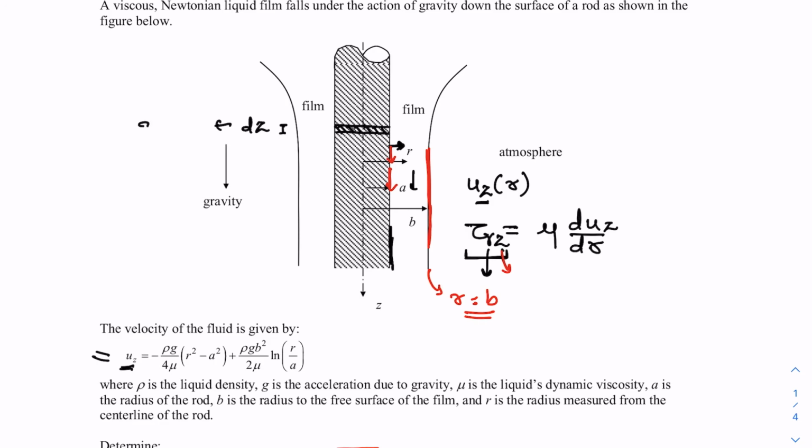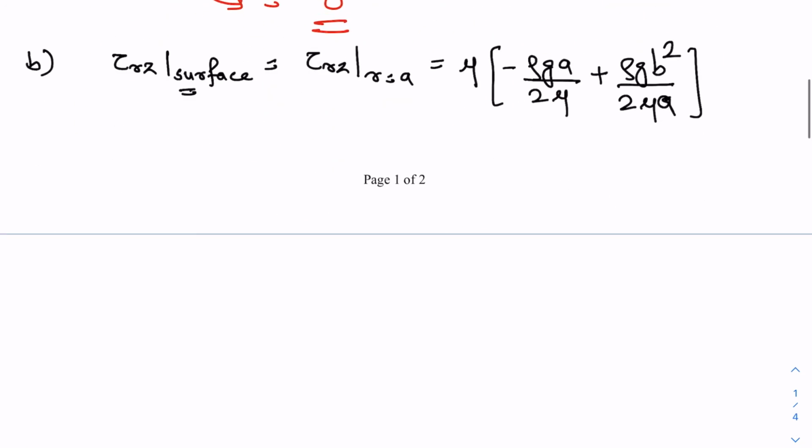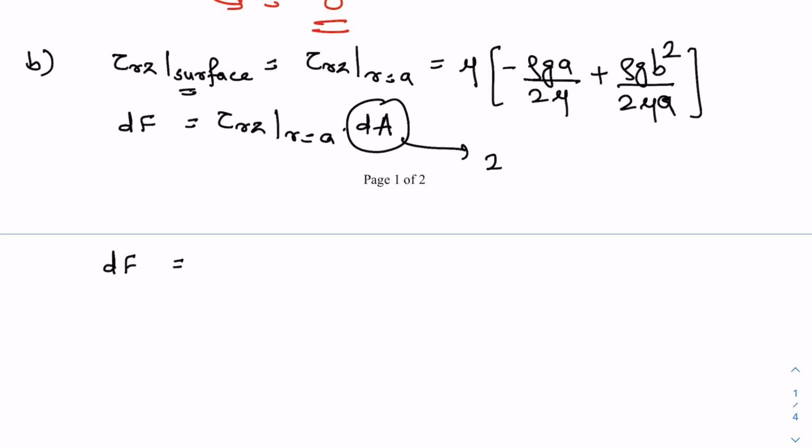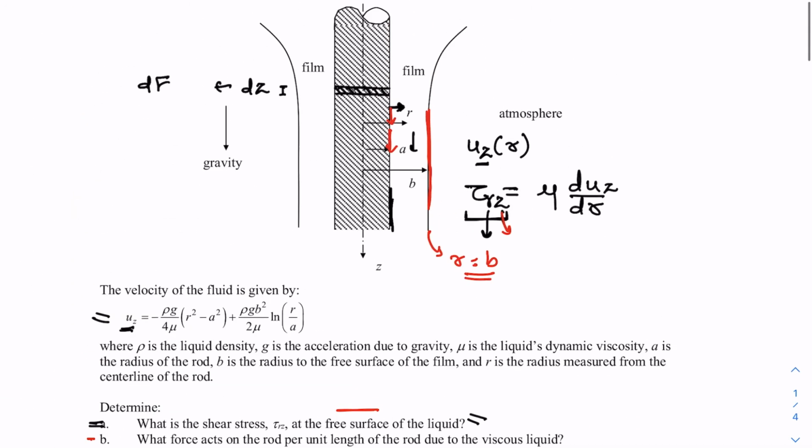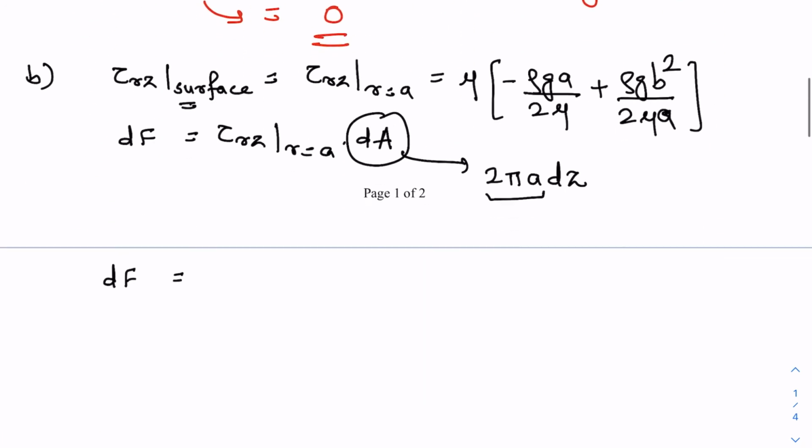The force dF acting on this small thickness will be tau rz at r equal to a multiplied by dA, and dA is nothing but 2 pi a dz. 2 pi a is the circumference of this circular area and dz is the thickness.